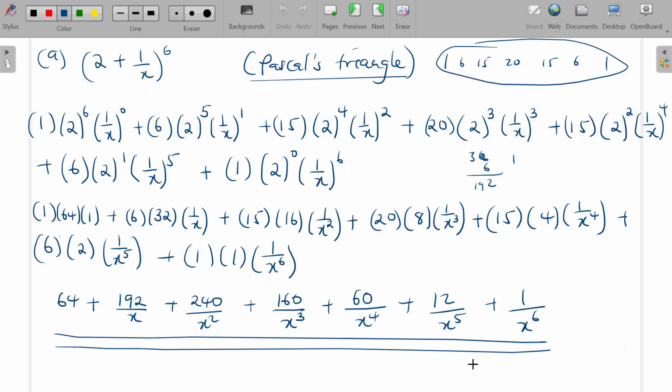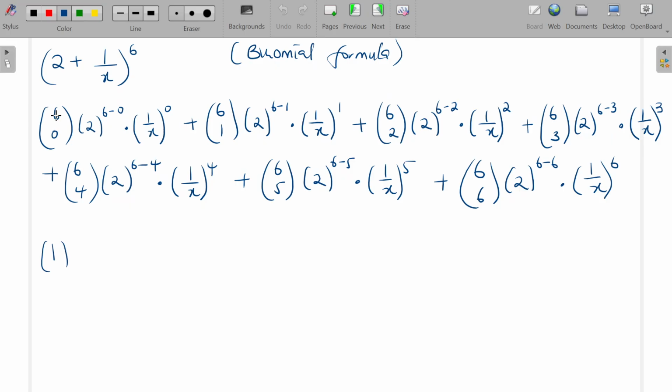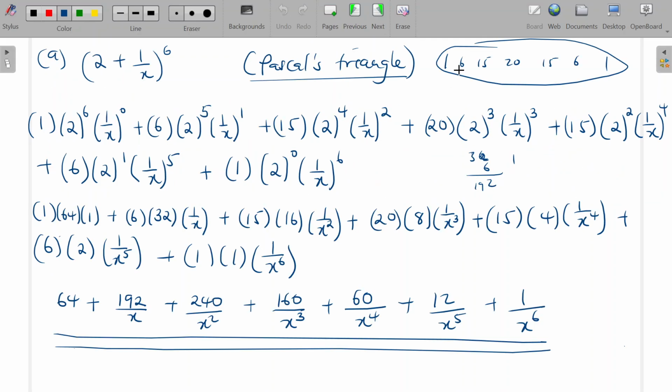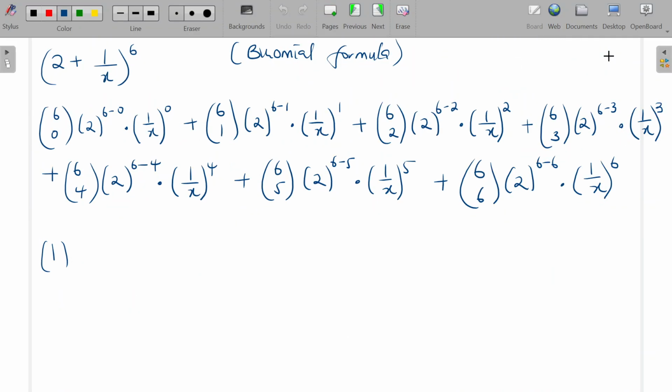I've shown you how to expand when you have a combination, isn't it? Yes. So you can expand it, but what you're going to get after expanding are just these numbers: 1, 6, 15, 20, 15, 6, and 1. That is what you're going to get.